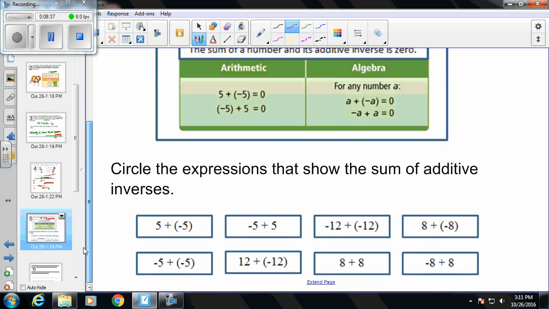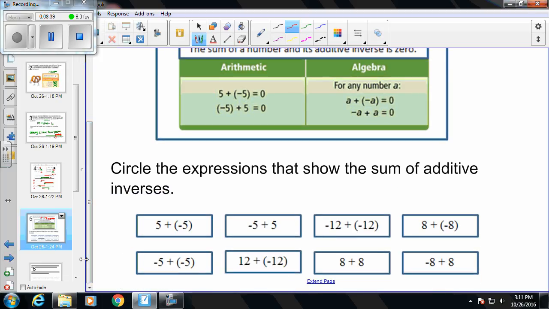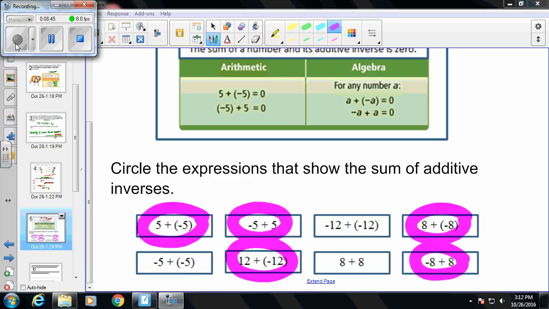So take a second here and circle the expressions that show the sum of additive inverses, and we'll meet back. For each of the expressions that I circled with the purple highlighter, if I were to combine each of those, they would all add to 0. All right, so let's move on.